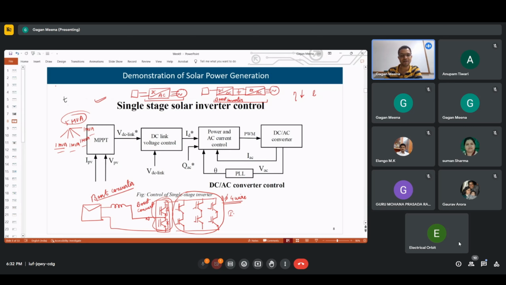So what is the disadvantage of passive balancing in this case? Can you point out any disadvantage here? Losses will occur. How? You are balancing by adding resistors.